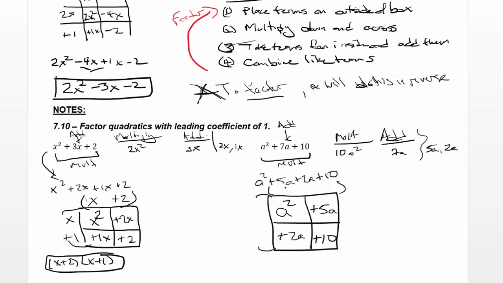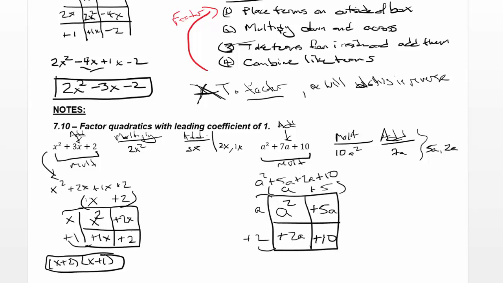From here, the rest is pretty straightforward. If the answer is a squared and one in the top is a, what needs to go here to make an a squared? It's got to be another a. To make plus 5a, I need to take this 1a, and I need a plus 5. To make plus 2a, I need to take the a up here with a plus 2.